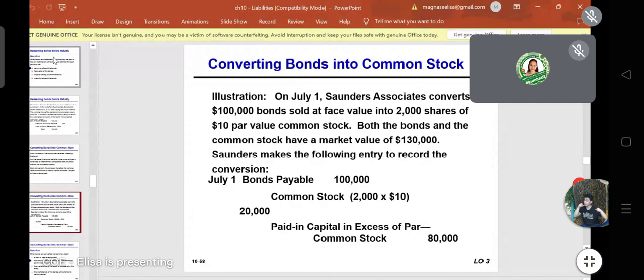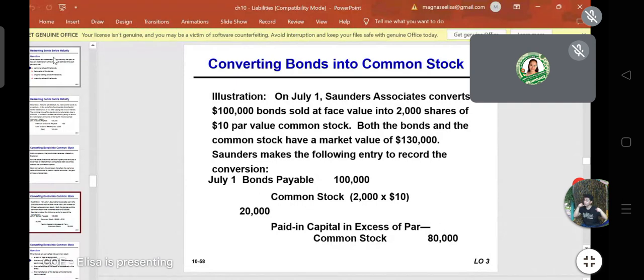Okay, converting bonds into common stock: you debit bonds payable and then credit common stock. And whatever the agreement is, there will be other accounts. In this case, the value of the stock is 200,000.